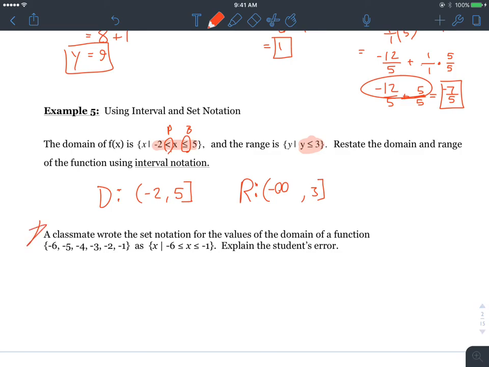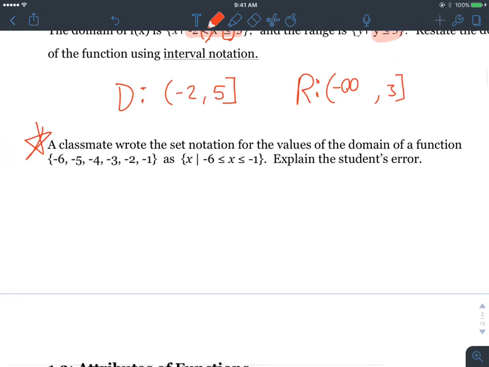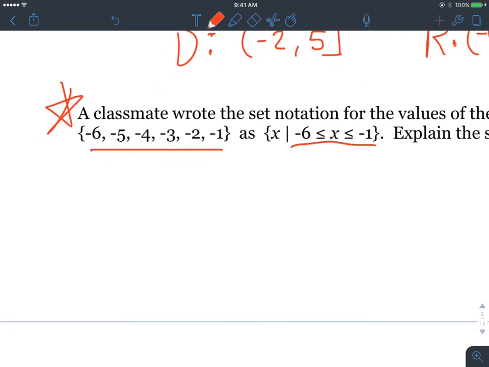Okay, there's a subtle difference in the way you do domain and range with a given set of data. Like these right here, a classmate wrote the set notation for the values of the domain of the function, negative 6, negative 5, all the way to negative 1, and we're asked to explain the student's error. The way I would explain it is we don't have anything in between negative 6 and negative 5.